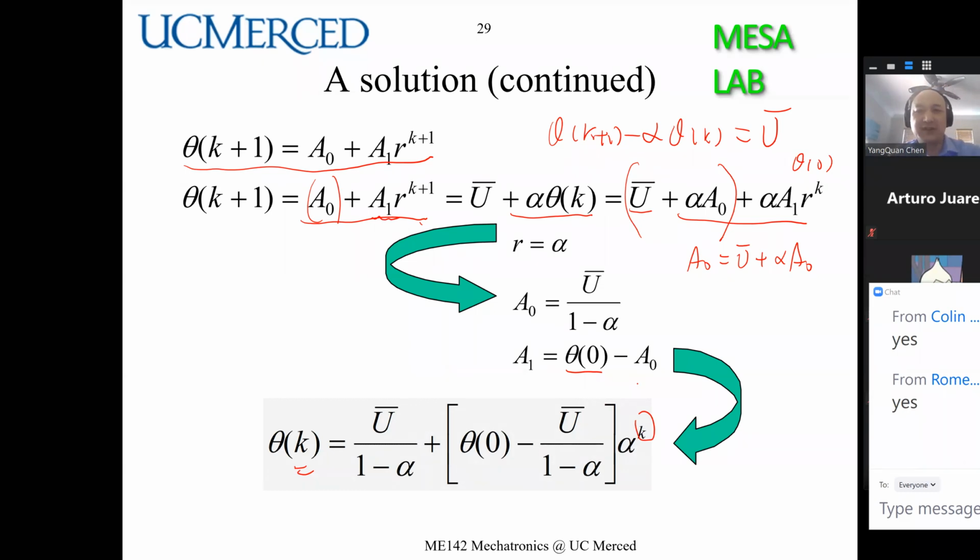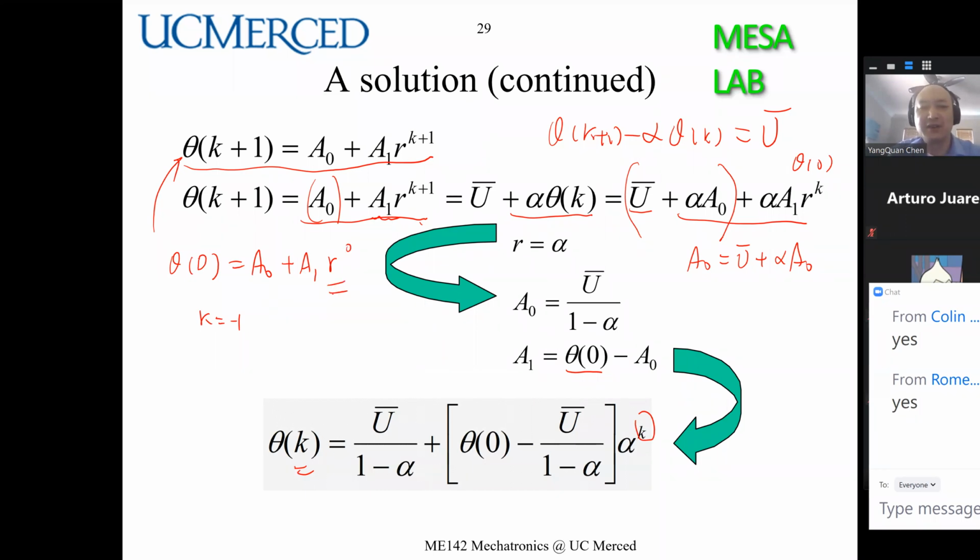For example, if I put theta 0 in here, what am I going to have? k is minus 1 plus A1 R to the power of 0. So then you know what A1 is. And by comparison, this is A1 times R to the power of k.